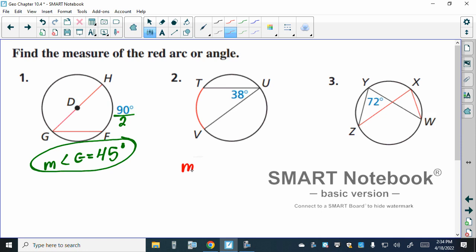Now the measure of arc TV. What do we need to do to find it? We need to multiply, because our arc is equal to twice the inscribed angle. So we're doing 2 times 38, which is 76 degrees.